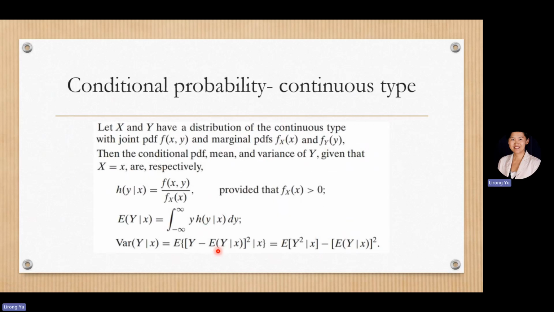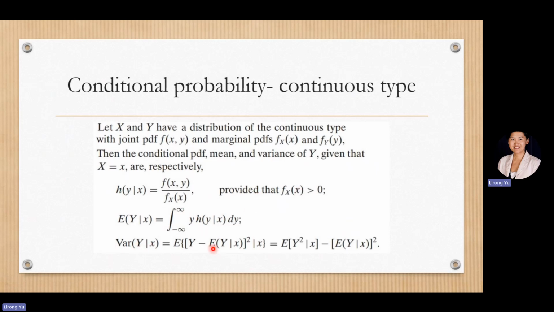Okay, let's look at conditional probability for the continuous type. X and Y have a joint distribution f(x,y), with marginal distributions f_X(x) and f_Y(y). Therefore, the division will allow us to define the conditional distribution for Y given X. If you want to find the conditional expectation, all you have to do is write the conditional distribution and integrate over its domain.